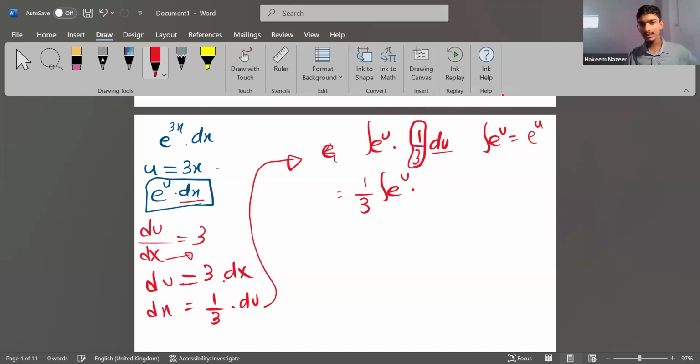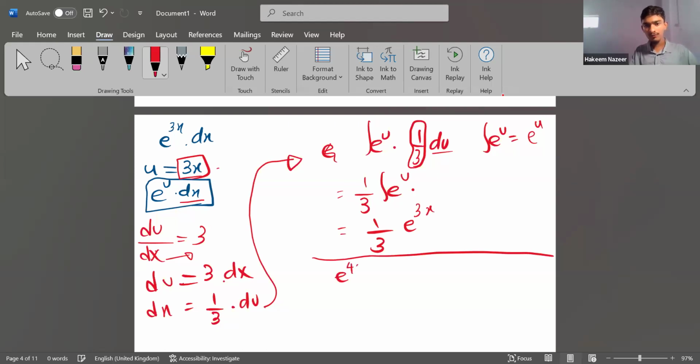We apply the rule here: 1 by 3 e to the power u, where u represents 3x. Here we can come to the conclusion. When the question is given as e to the power 4x, the answer is 1 over 4 e to the power 4x. When the question is e to the power 5x, 1 over 5 e to the power 5x; e to the power 6x, 1 over 6 e to the power 6x.